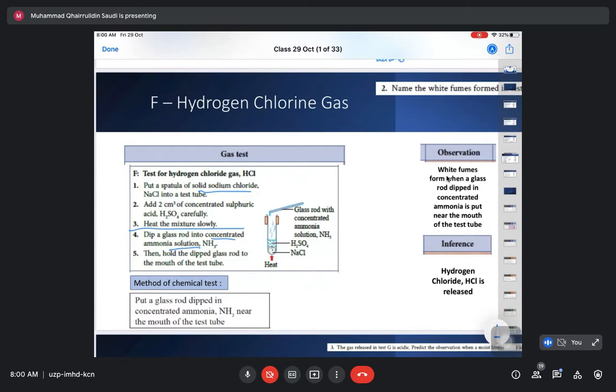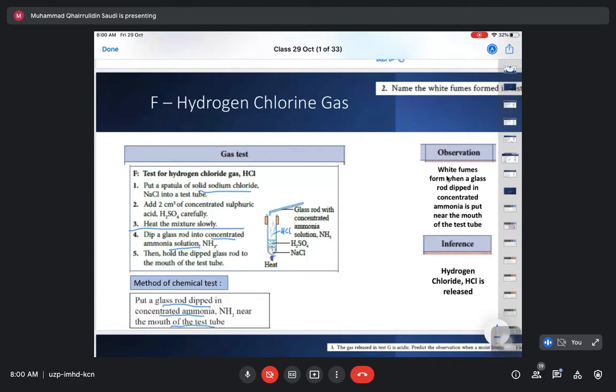When we heat the mixture of sodium chloride and sulfuric acid, supposedly hydrogen chloride gas is produced. So how are we going to test for hydrogen chloride gas? We put a glass rod dipped in concentrated ammonia near the mouth of the test tube. So glass rod ni awak dip dulu dalam concentrated ammonia, baru awak letak dekat mouth of the test tube.